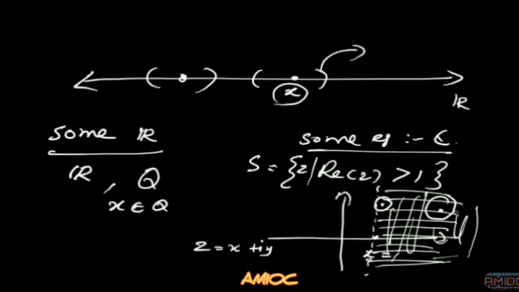Therefore, all the points in the set such that the real part of z is greater than 1 are interior points of the set. If we consider the real part of z greater than or equal to 1, the set includes the points on the line x equal to 1 also.